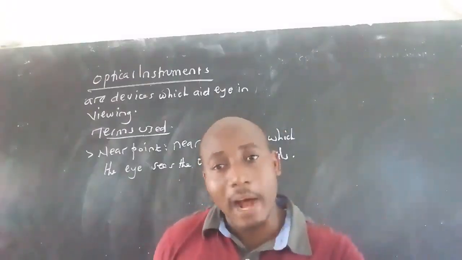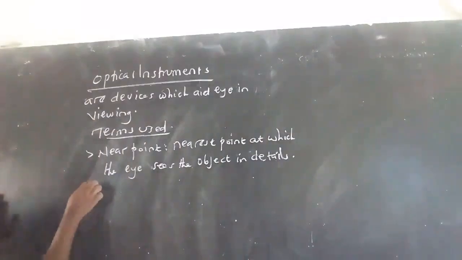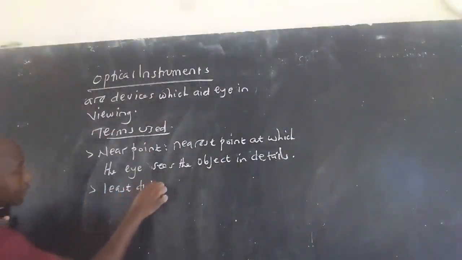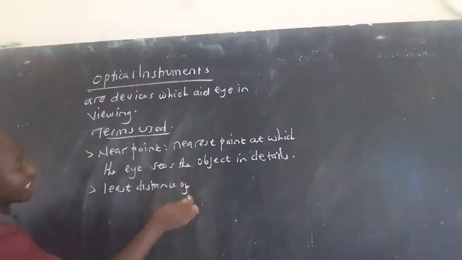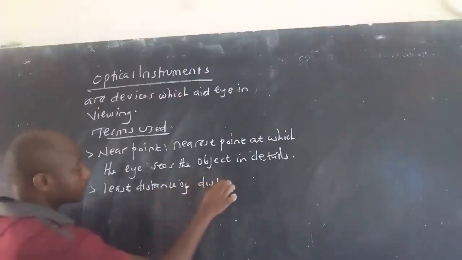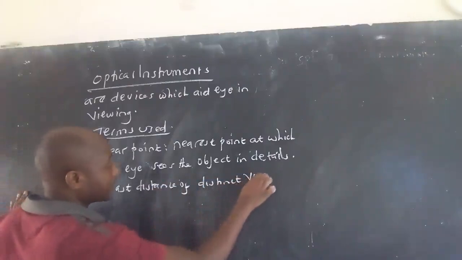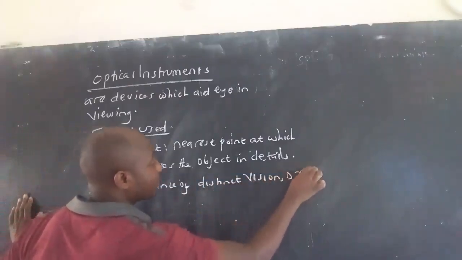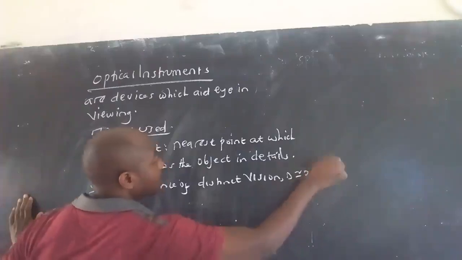The distance is called the distance of distinct vision, D, which is approximately equal to 25 centimeters.